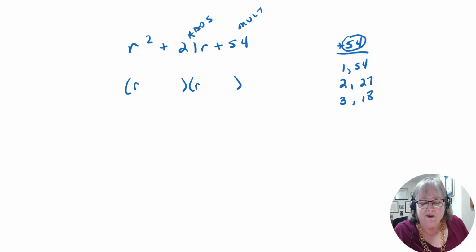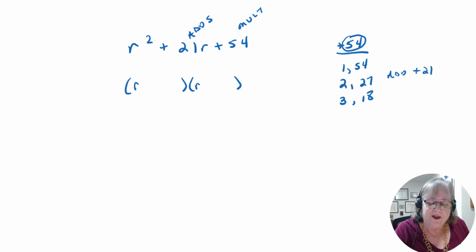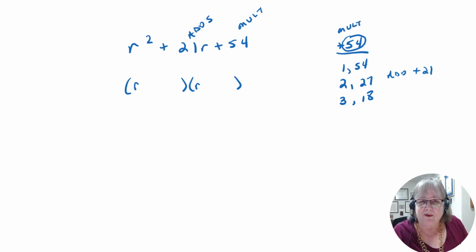All right. Now there are other factors available, but if you're going to multiply to 54, positive 54, they have to be the same sign. And add to positive 21, they both have to be plus, and 3 and 18 will do that, so I don't need to keep going into what else multiplies to 54.